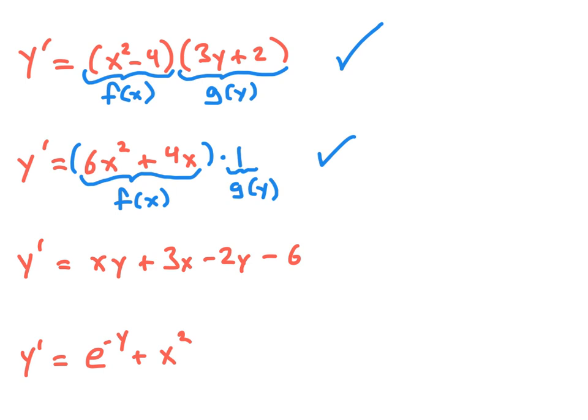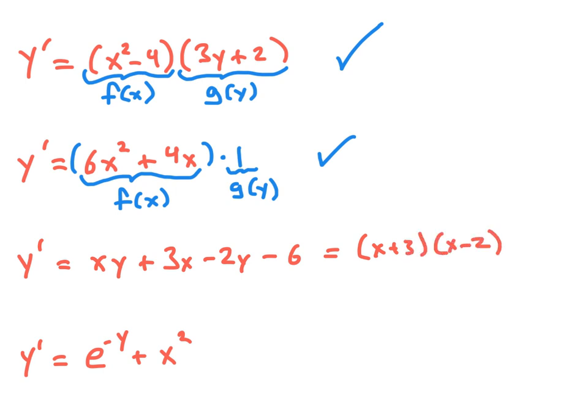The third equation, y prime equals xy plus 3x minus 2y minus 6, might look to be non-separable at first. However, we are able to factor this particular equation.